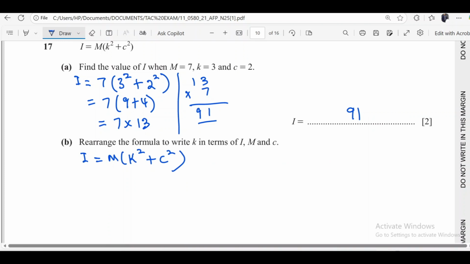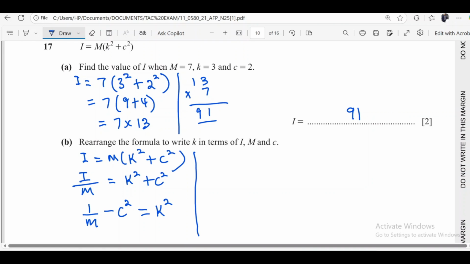First, we are going to divide by m. So if we divide by m, we are left with this. Again, let's subtract c squared from both sides. So this is what we're going to have.